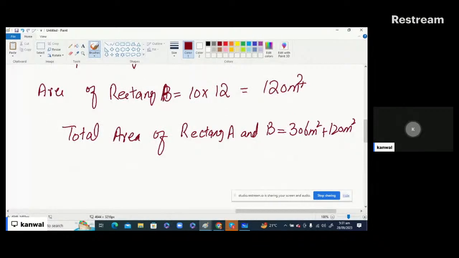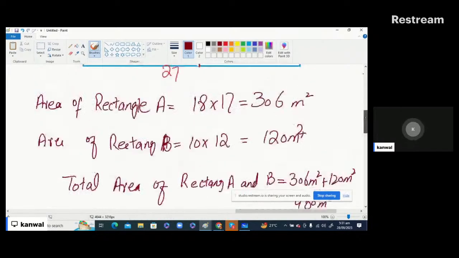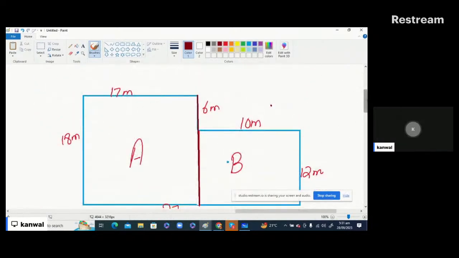In total, we need to add all of it. So when we add, this becomes 480 meters squared. This is the area of this total shape. That is 480. This is the total full area of this shape. Got it or not?